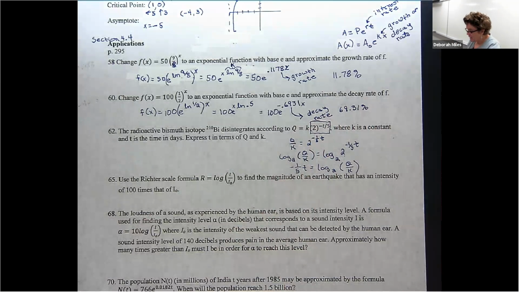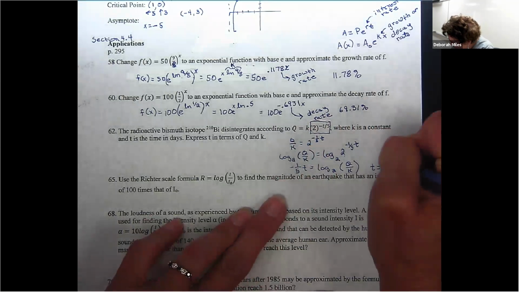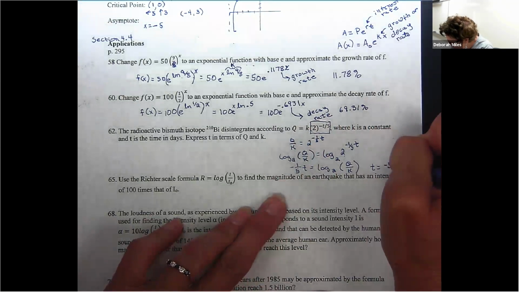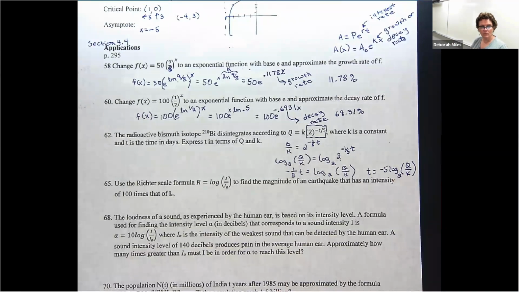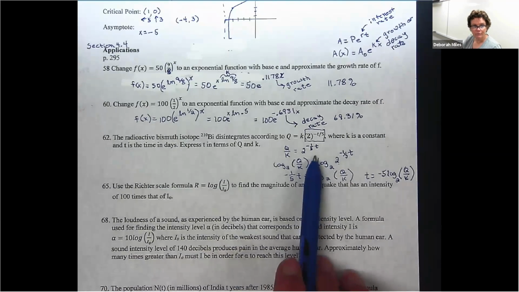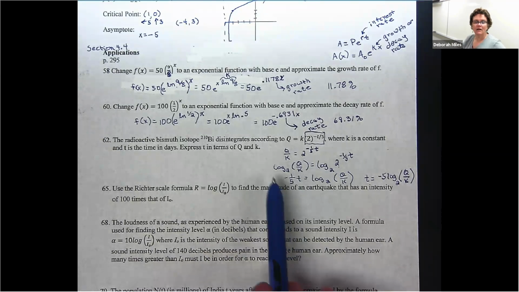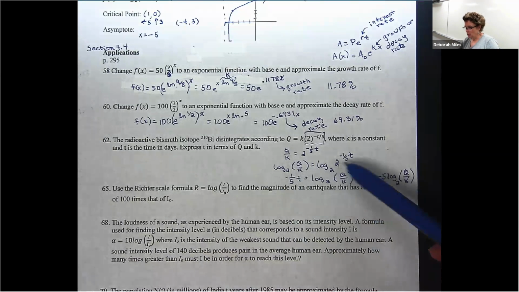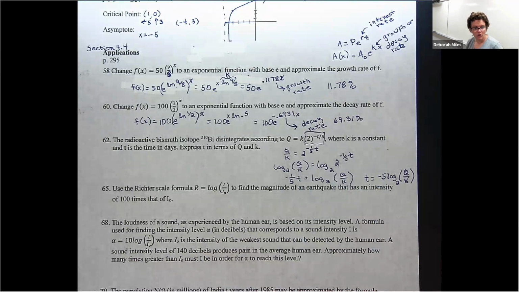Multiply both sides by negative 5. I'll have t is negative 5 times log base 2 of q over k. With the exponential expression by itself, take log base that of both sides to undo the exponential expression on the right, and then finish solving for t.